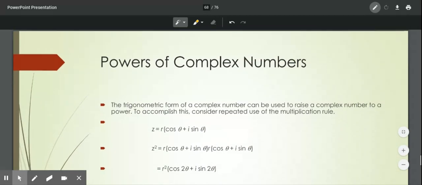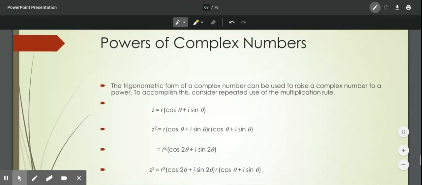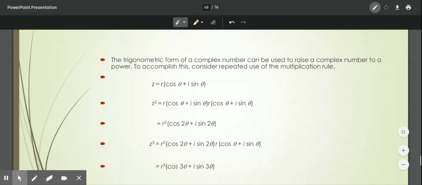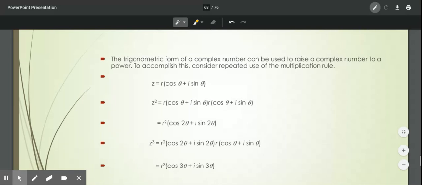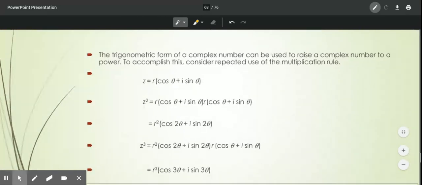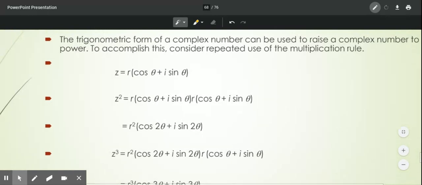All right, so the first part with the powers of a complex number, this first slide kind of takes you through how the formula comes about. If you have a complex number in trigonometric form, which is just r cosine theta plus i sine theta, and you wanted to square that number, so to do z squared, you just do the complex number times the complex number.